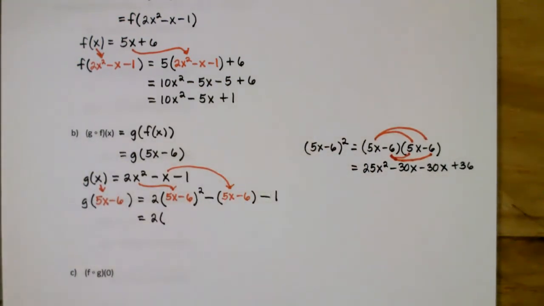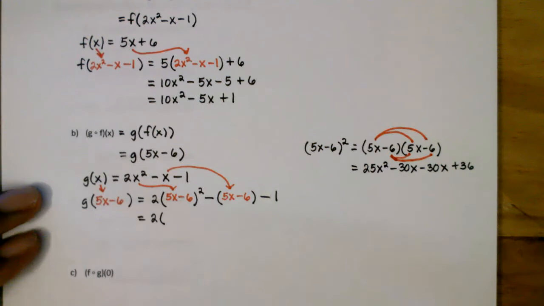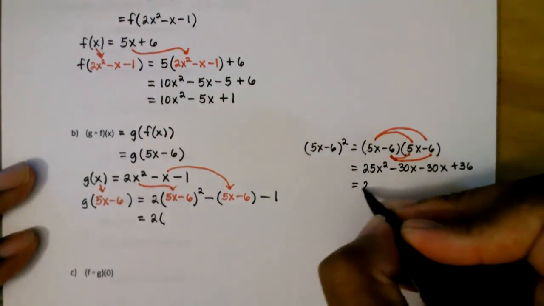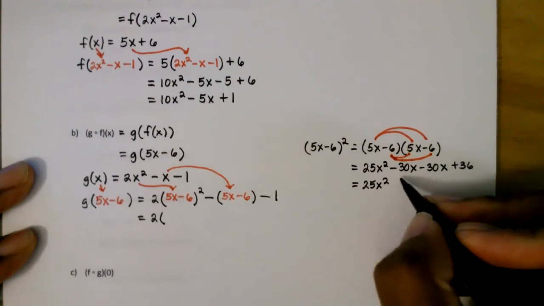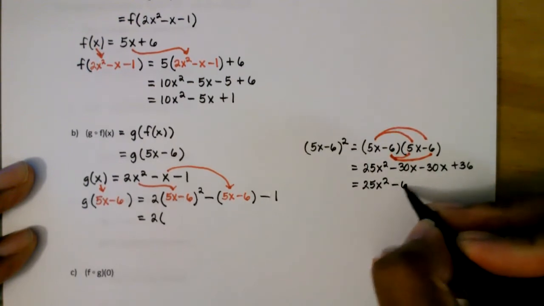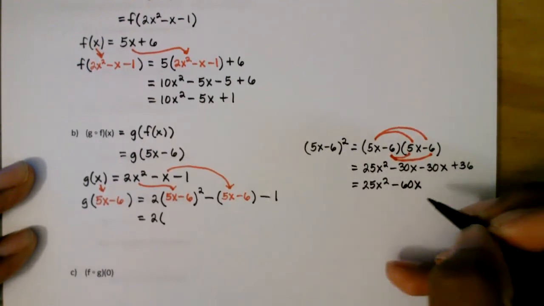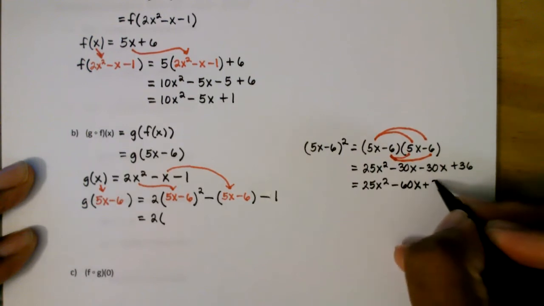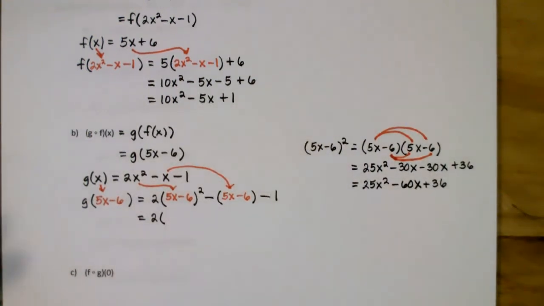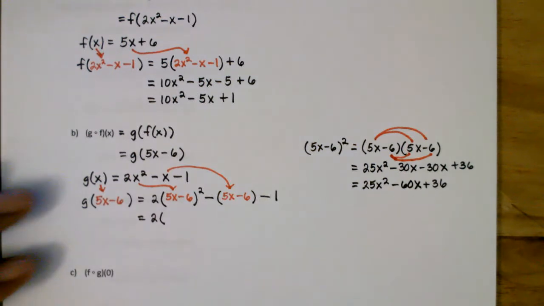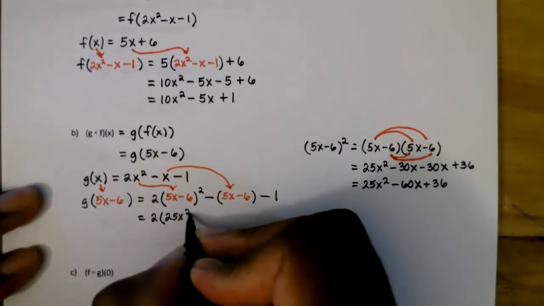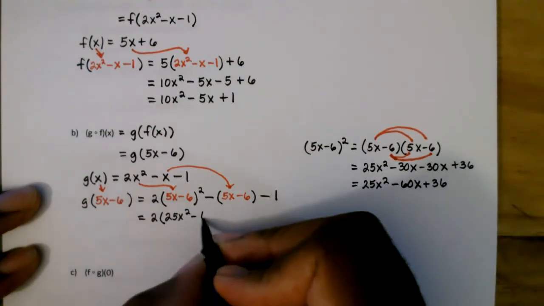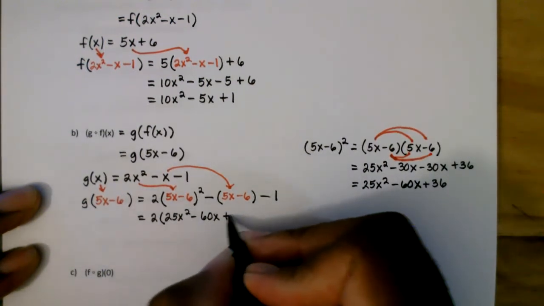Okay. Now, if we combine like terms here, we got 25x squared plus 30x plus 30x will be 60x, and then plus 36. So 5x plus 6 quantity squared will be 25x squared plus 60x plus 36.